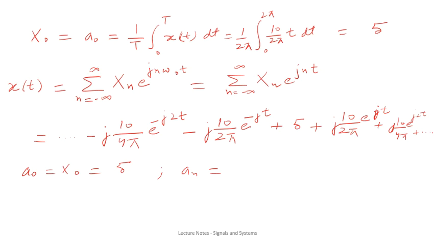So an will come as 0 and bn can be obtained as minus 10 upon 2 pi. So just by using these Fourier series coefficients, you can also write the trigonometric Fourier series here.